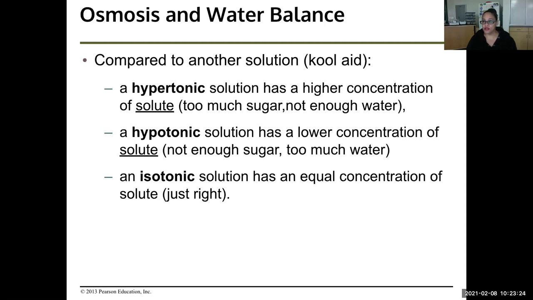A hypotonic solution, hypo would be the opposite, has a lower concentration of solute, so not enough sugar and too much water. And then an isotonic solution has an equal concentration. It's just right. The taste is just right.